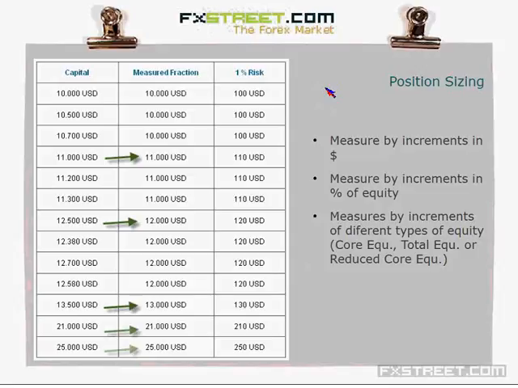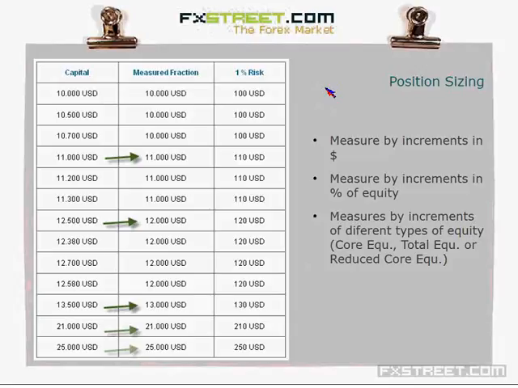Okay, that amount you establish a priori. You set an amount, you can measure that in increments of an equity growth, each $100, each $1,000 increase in your account, for example, or you may measure these increments in the percentage of your account growth, or you measure it in increments of different types.